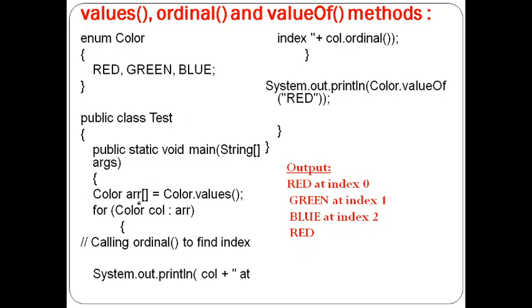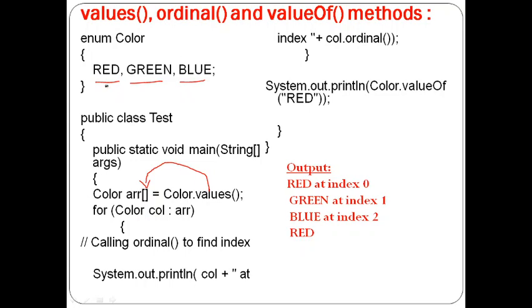Simply, I have written Color[] AR = Color.values(), then it automatically retrieves the values. In AR[0] RED will be stored, in AR[1] GREEN will be stored, in AR[2] BLUE will be stored. Like that, whatever set of named constants you have in your enum, we can simply retrieve by using the method values. Now after that, for example, I want to know the index position of each and every named constant.